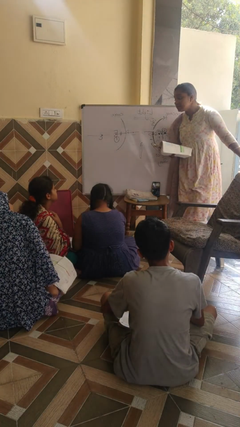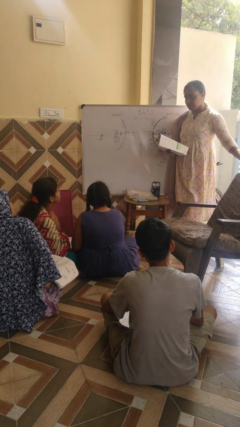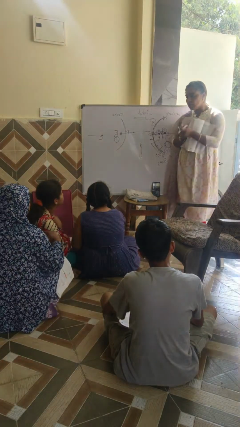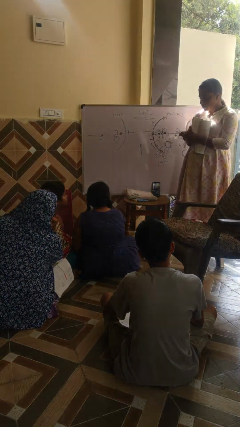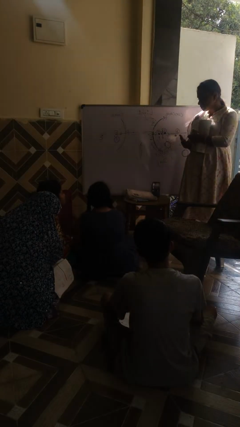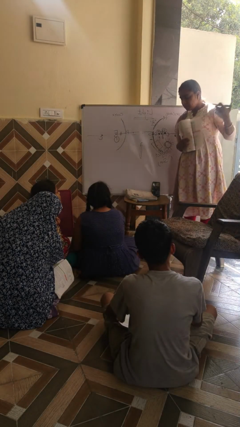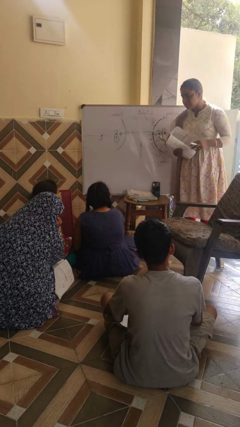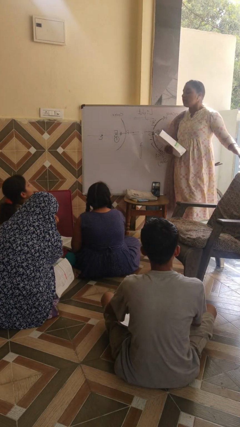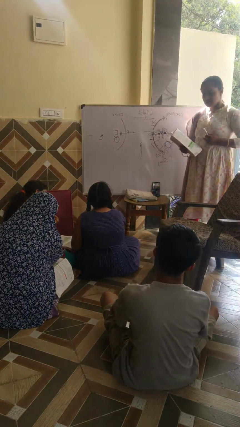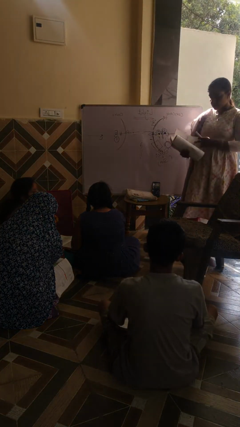Vehicle headlights are concave. In front we will have two lights, and those are concave. But the right side and left side mirrors are convex. Convex mirrors are used in vehicles.